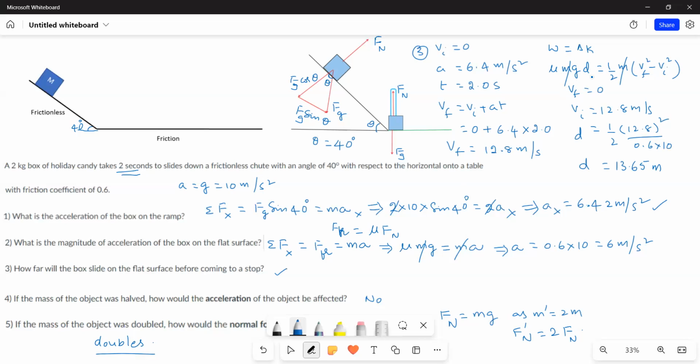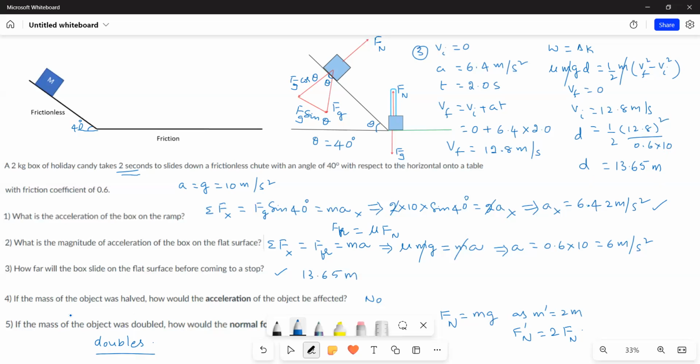So mu mg d is equal to half m times Vf squared minus Vi squared. Finally, the object is coming to rest, and the velocity with which it comes down is the initial velocity. So 12.8 squared minus 0 squared divided by 2 into 0.6 into 10. That gives the d value 13.65 meters. So here the answer is 13.65 meters.